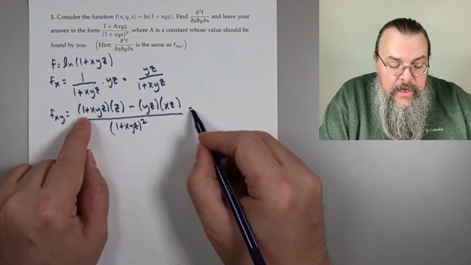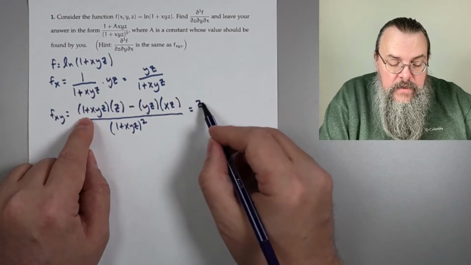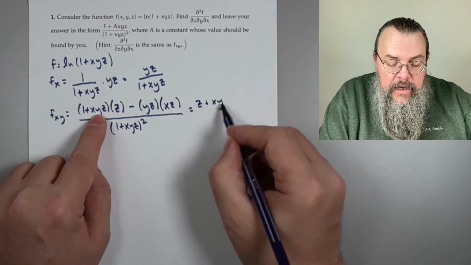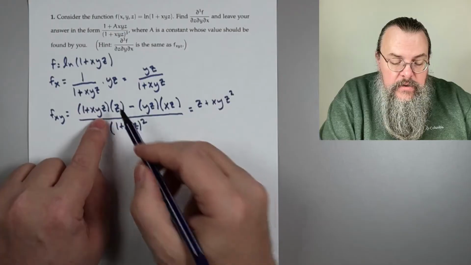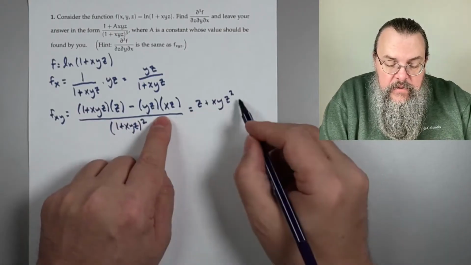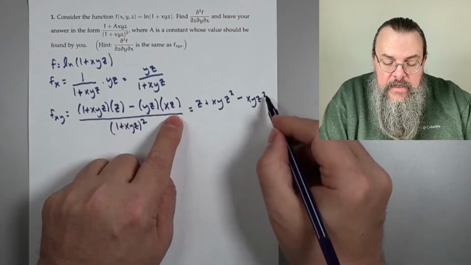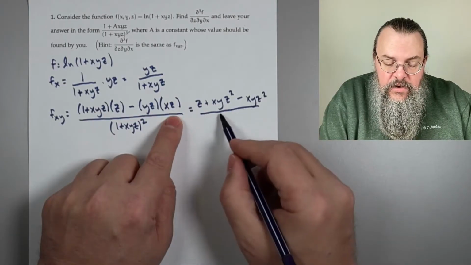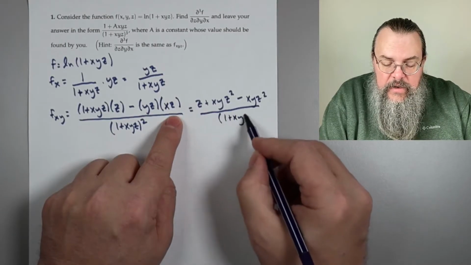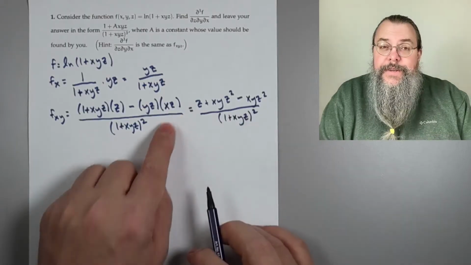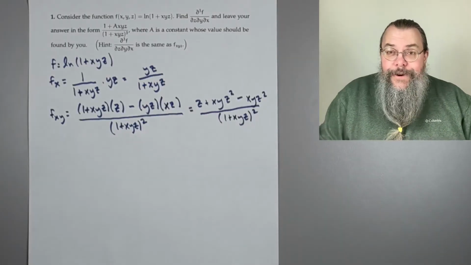All right, let's clean this up. So what do we have? We have a z plus an xyz squared, minus an xyz squared, nice, over 1 plus xyz quantity squared. And why did I say nice?